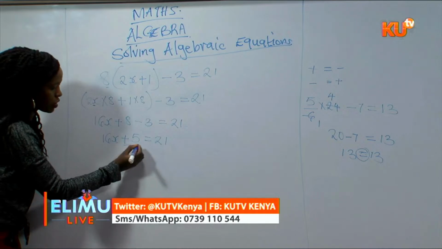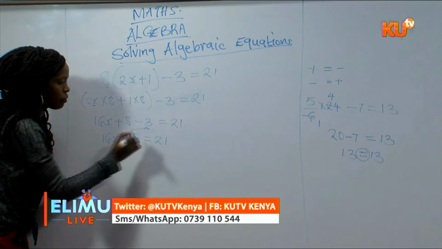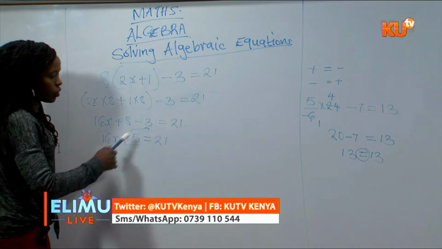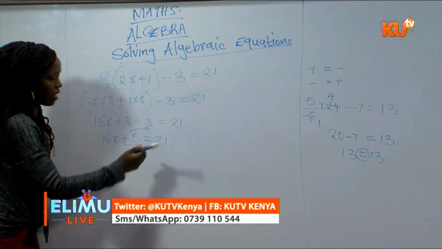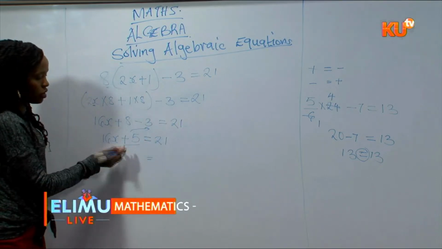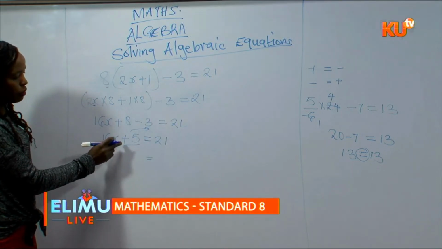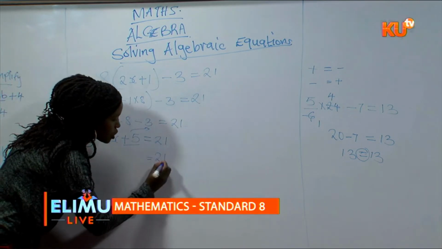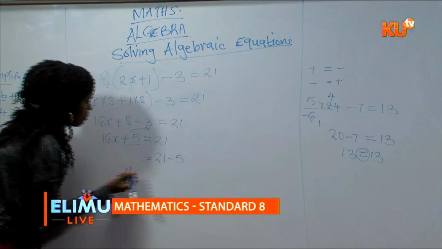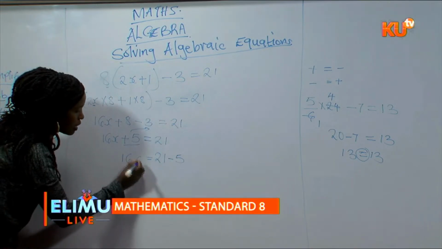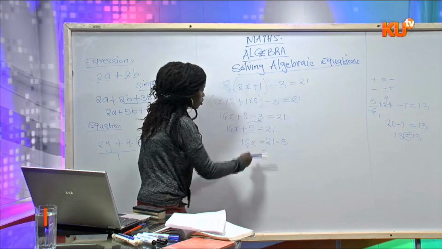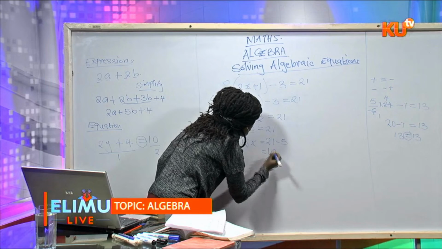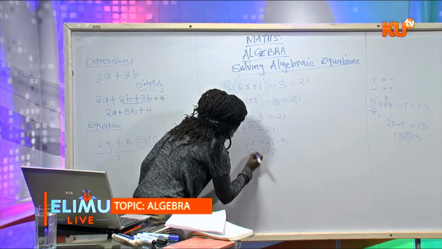Then I take this positive 5 to the other side of the equal sign. When it goes to the other side, we change the sign to the opposite, from positive to negative. So we'll get 21 minus 5, and this side I remain with 16x. So 21 minus 5, I get 16, and this side I have 16x.